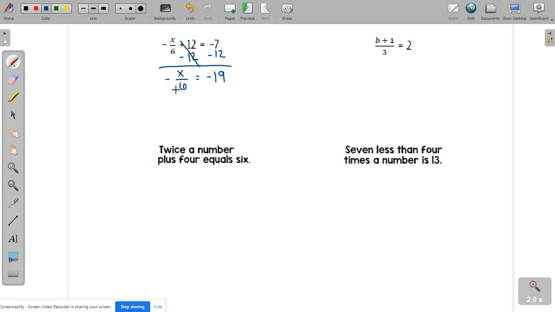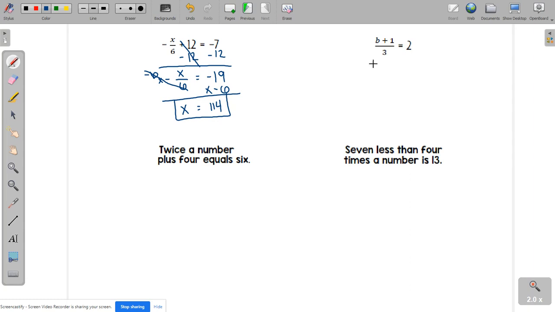Now we have to get rid of this divide by negative 6. So we're going to multiply both sides by negative 6. Cancels out here, so we're just left with x equaling negative 19 times negative 6, which is a positive 114.